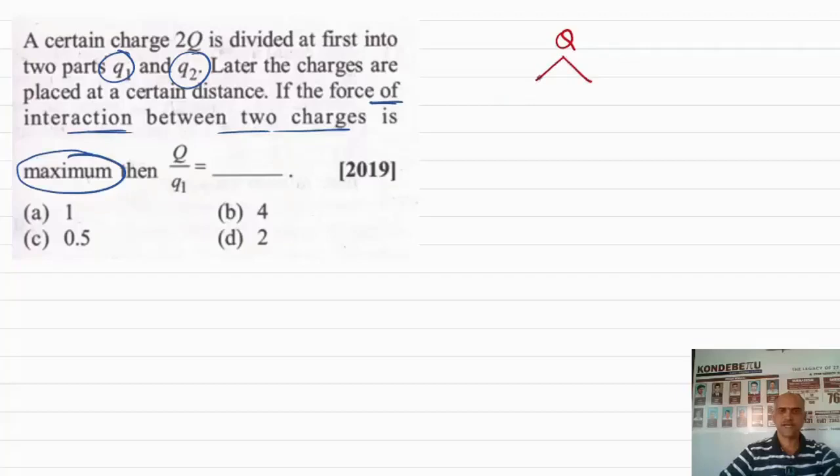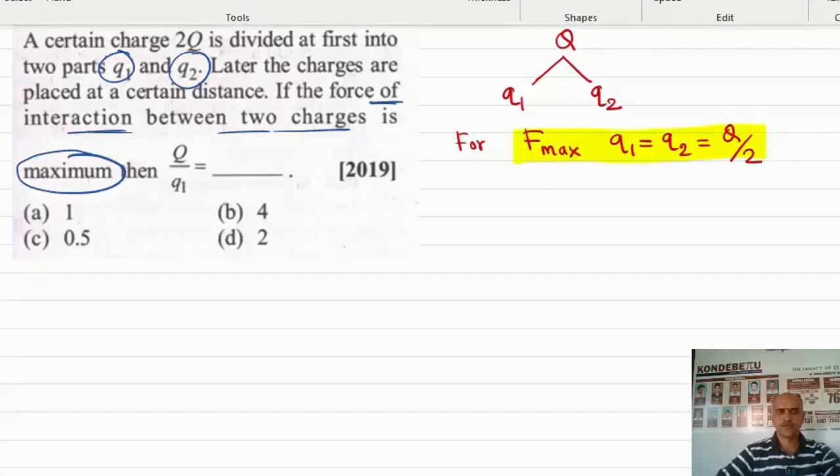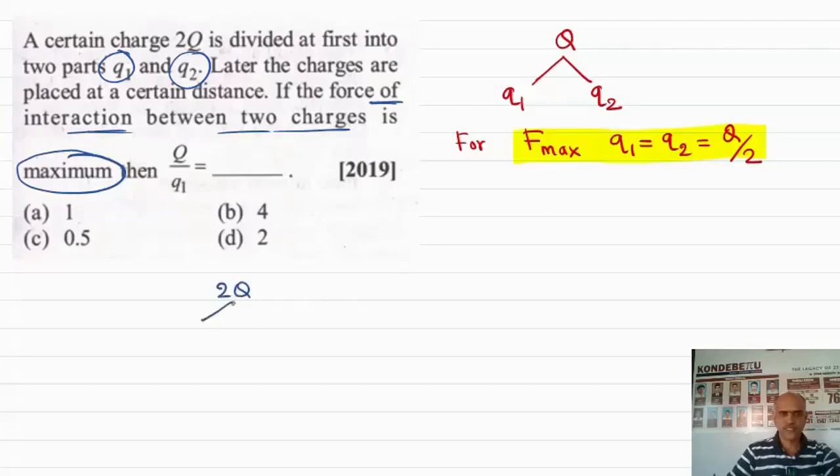If it is divided into two parts q1 and q2, for the force between them to be maximum, q1 will be equal to q2 and that will be half of the main charge. So for F maximum, q1 equals q2 equals q by 2. So now coming to this problem, instead of q there is 2q, divided into two parts q1 and q2, meaning the force between them is maximum.